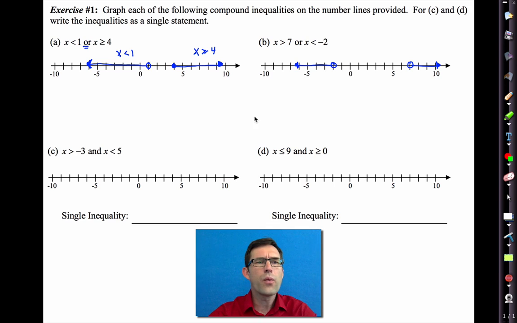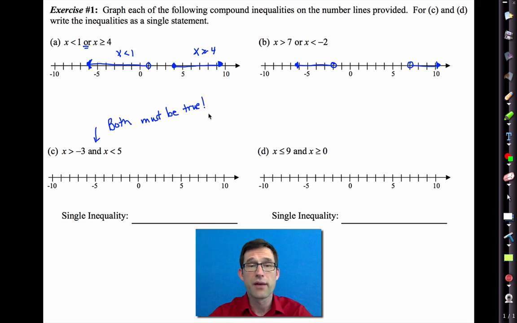Now, the scenario where we have and. With and, both must be true. Apparently I'm not a very good speller. Anyway, that's okay. So let's think about this for a second. x is greater than negative 3. That looks like this. x is less than 5.